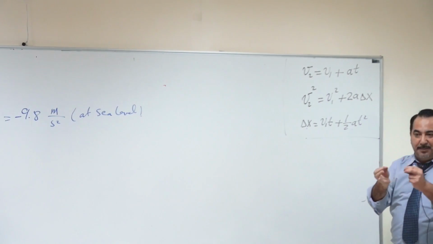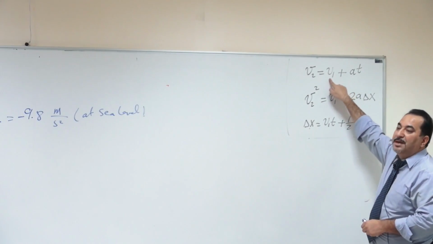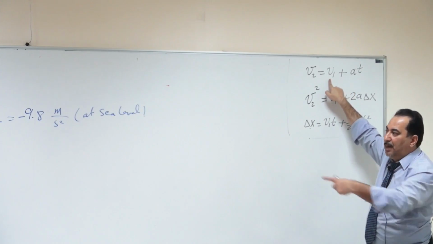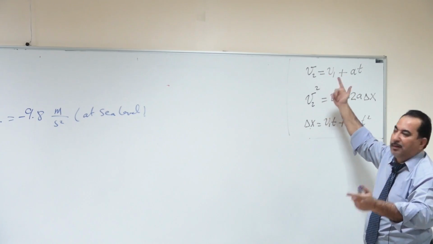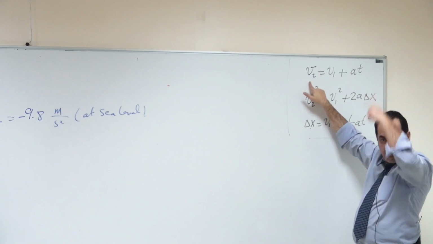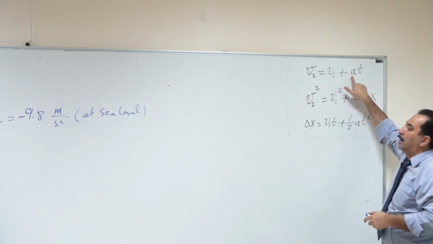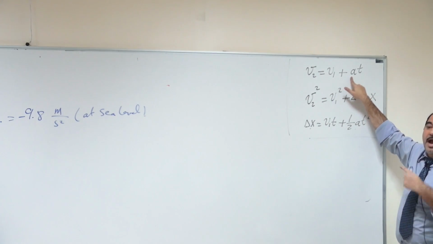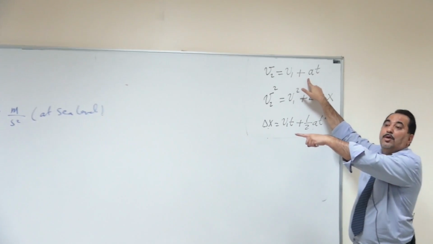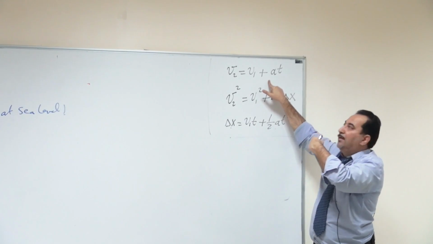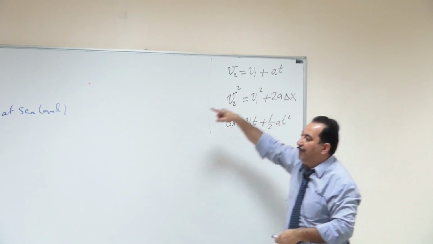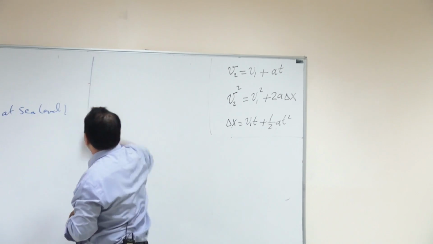But I have to adjust them. V1 means initial velocity on x, but here when I throw vertically it is still V1, and V2 is the final. A becomes what? We call it g, and g is always negative, so I change this to minus g. So for free fall, we adjust the equation.